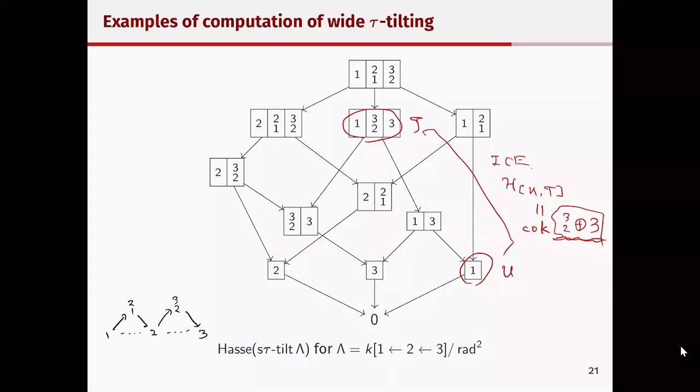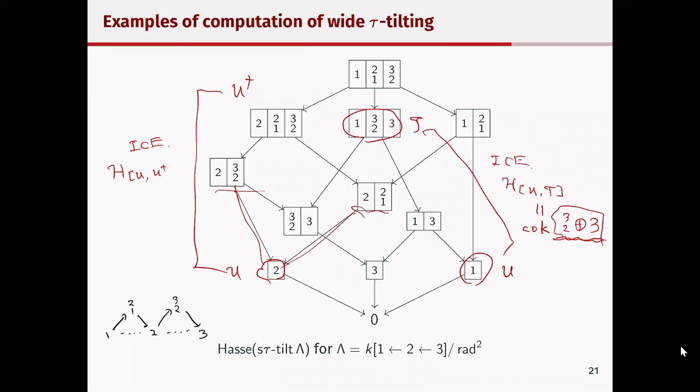As another example, if we choose this U, then we have two Hasse arrows, and this is U plus the join of these two, and this is an ICE interval. In this case the hat is a wide subcategory, equal to the cokernel of wide tau-tilting modules.